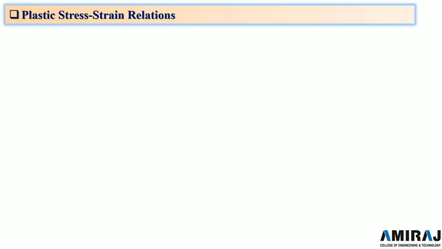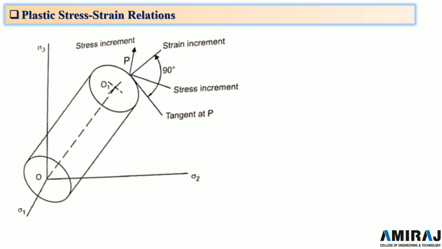The plastic strain increments or the strain rates in plastic deformation are proportional to the corresponding deviator stress components. The strain vector is directed normal to the yield surface.